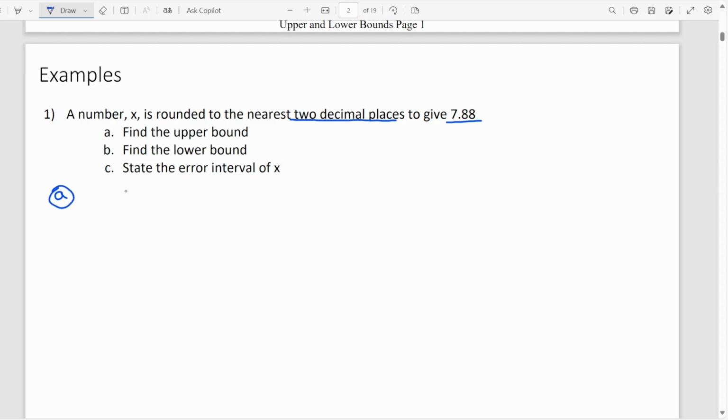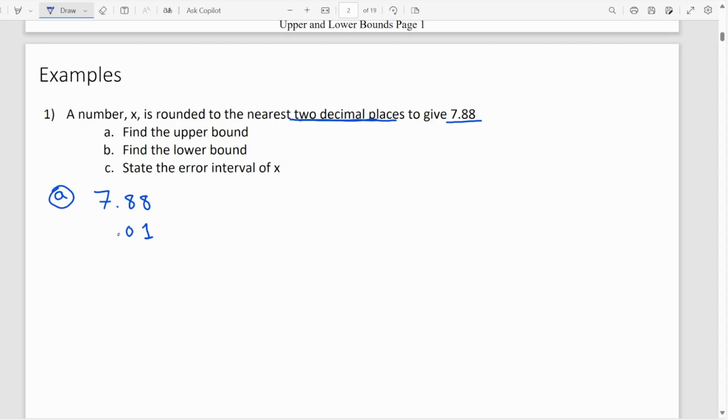So again, I write the number down, and we know from the question that it's 2 decimal places. So we look for the second decimal place. This is the first, this is the second. So we put a 1 below the second decimal place and turn everything else into zeros.